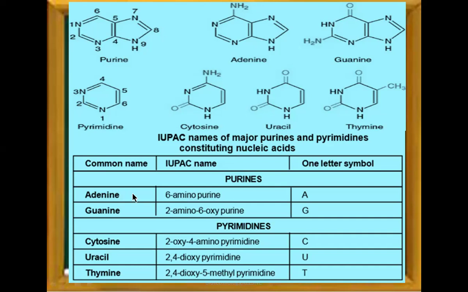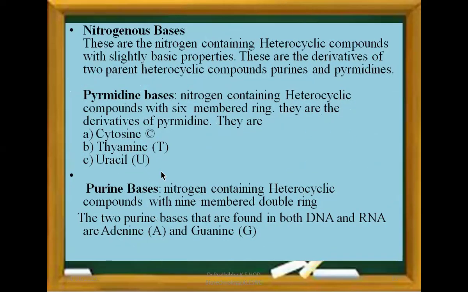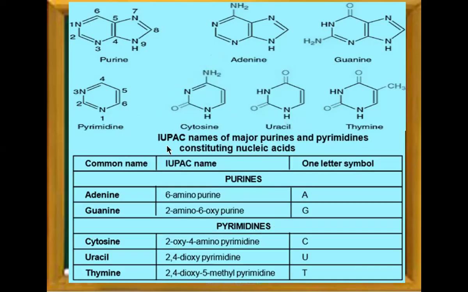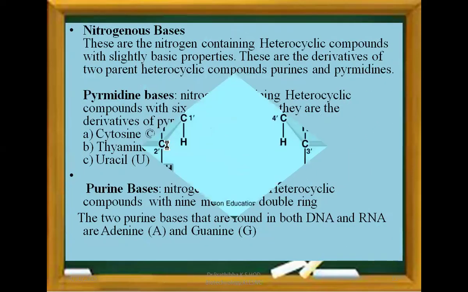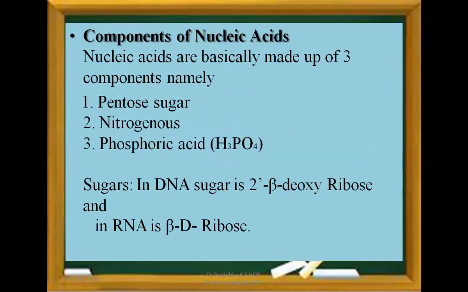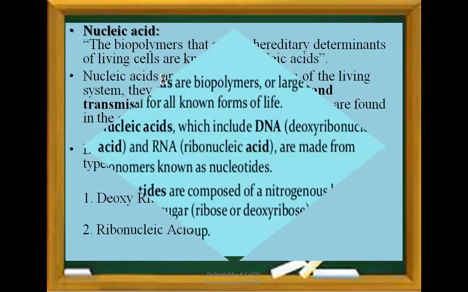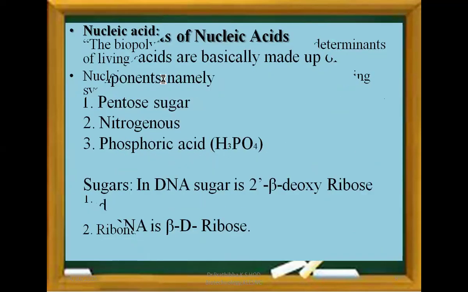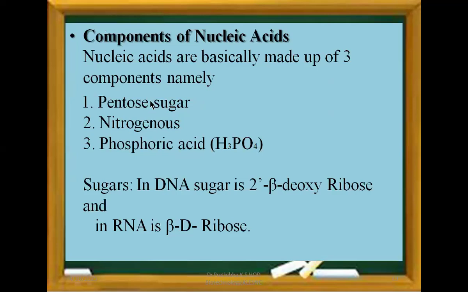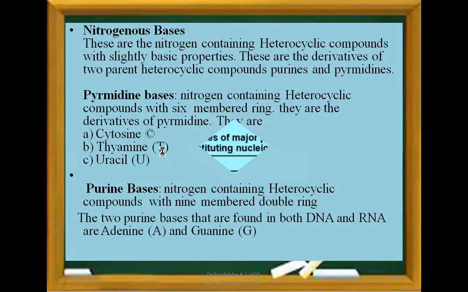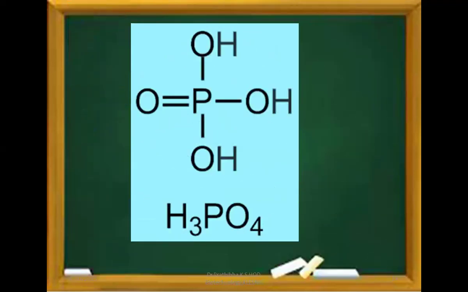So far, in the beginning we went through what nucleic acids are and the components of the nucleic acids: pentose sugar and nitrogenous bases. The next one is phosphoric acid.